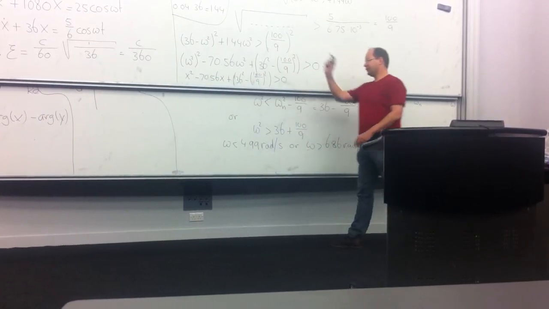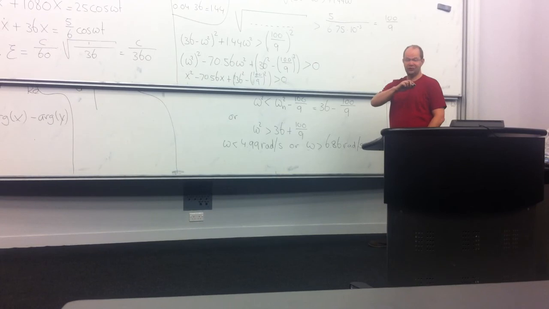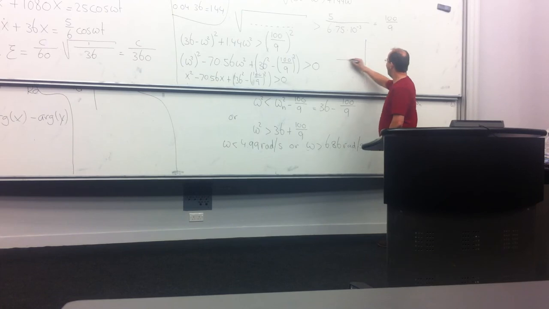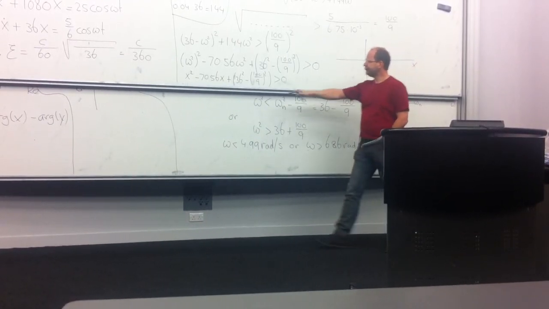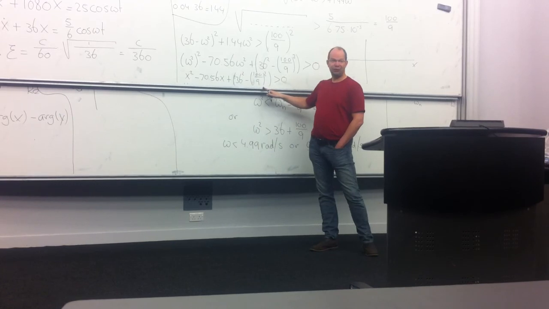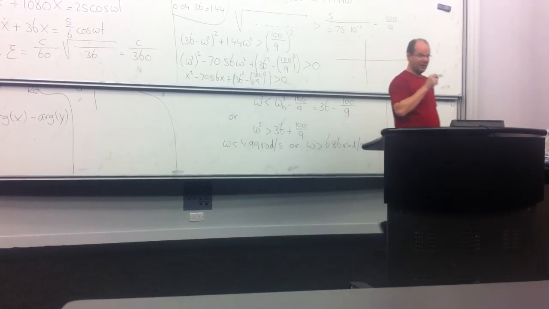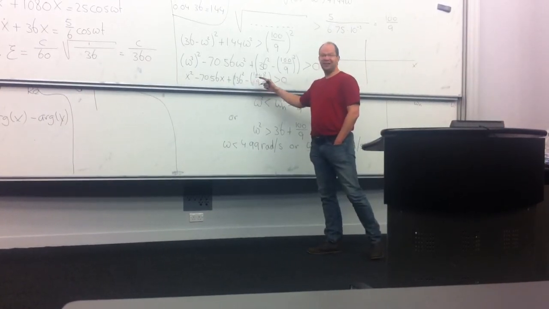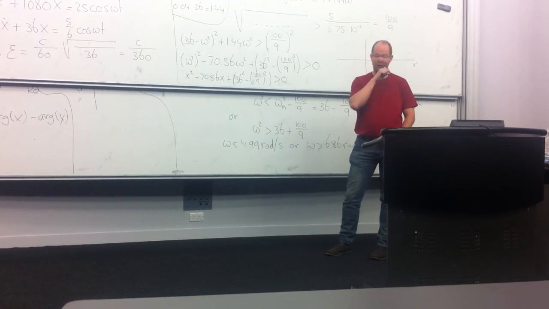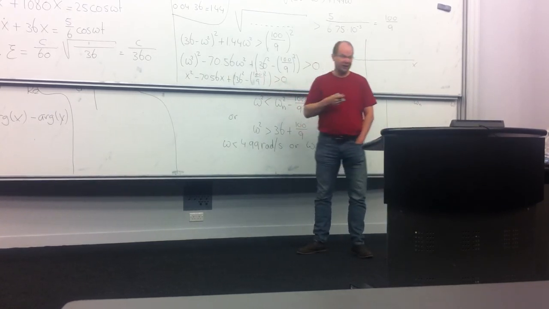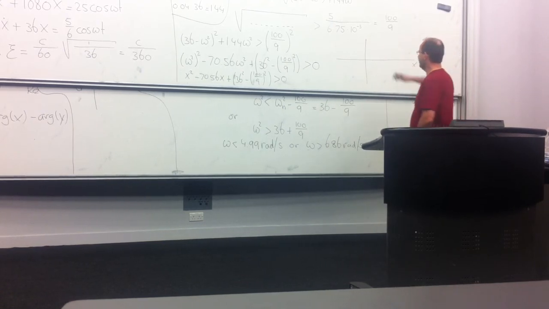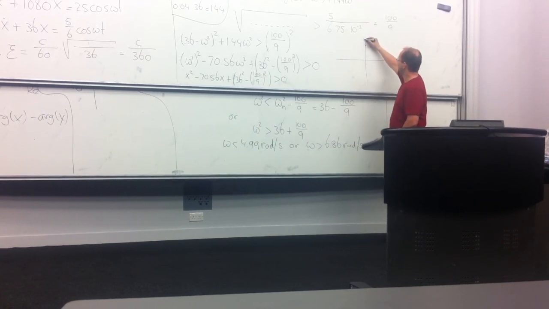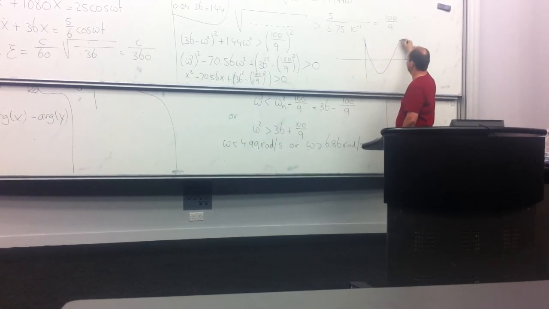When x is 0, it's equal to 36 squared minus 100 divided by 9 squared. And if you calculate that, at least you find something that's larger than 0. Because 100 divided by 9 is smaller than 36. So it starts larger than 0. And what it will do is, it does something like this.